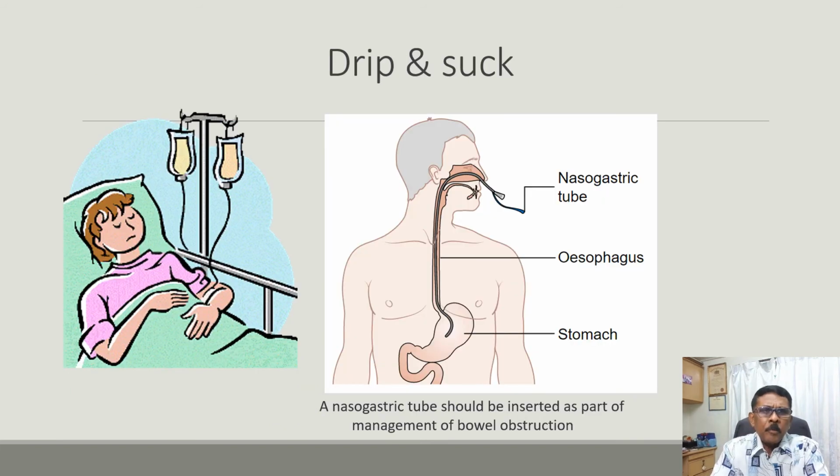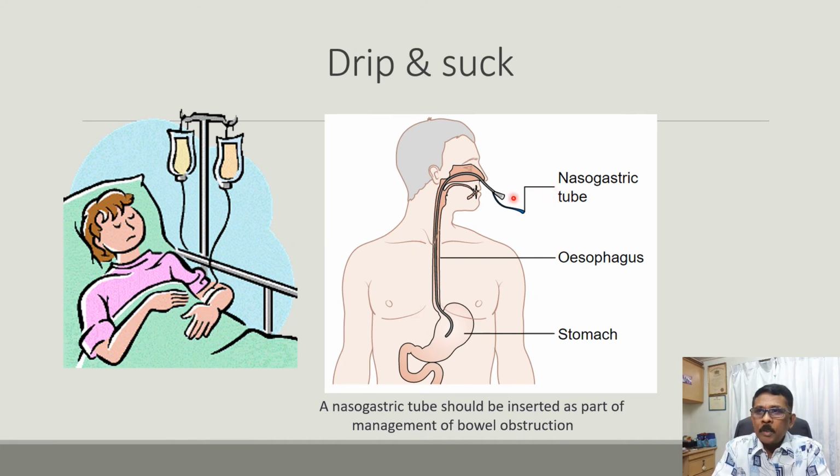This diagram shows you the drip and suck regime which I've explained to you earlier. This is the drip. The patient is on a drip. Sometimes he or she may need more than a drip to increase the fluid infusion. This is the nasogastric tube, or NG tube, as we call it.